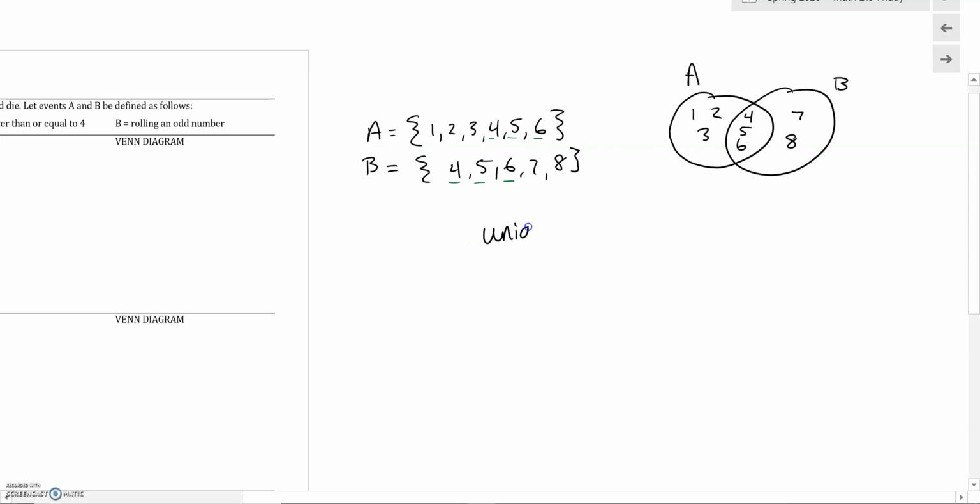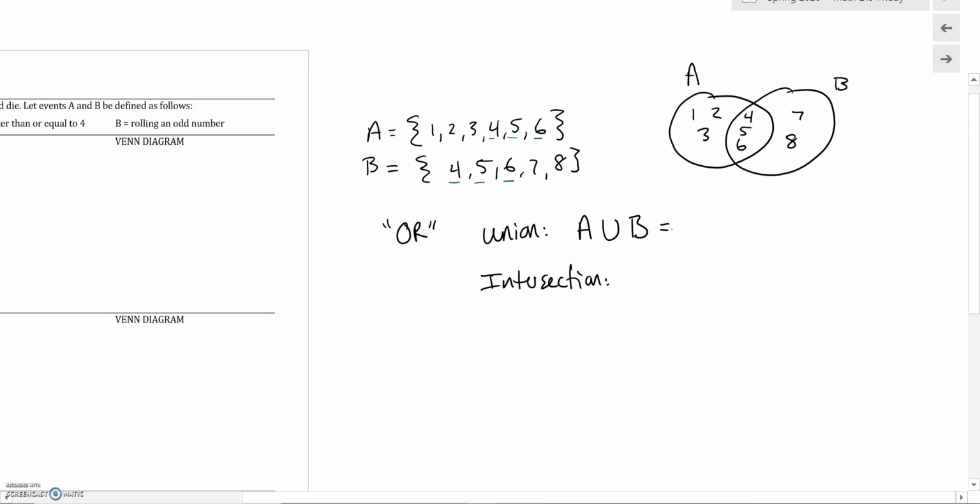I want the union of these two sets or the intersection. Again, when you hear of an or statement in probability, we are talking about taking the union, and we're going to see a formula for this in just a little bit. If I want the union of two sets, we indicate that A union B. That's the symbol for union.